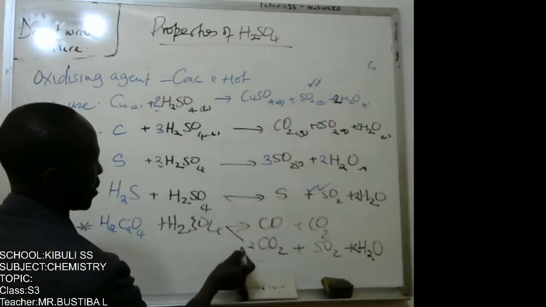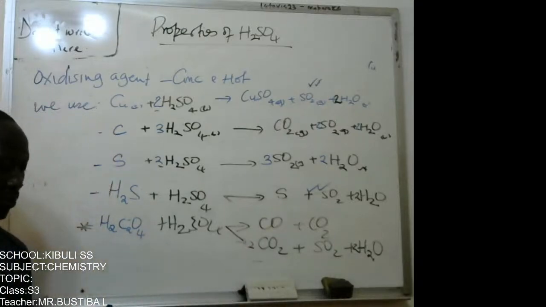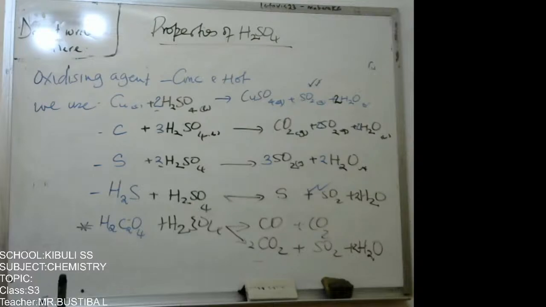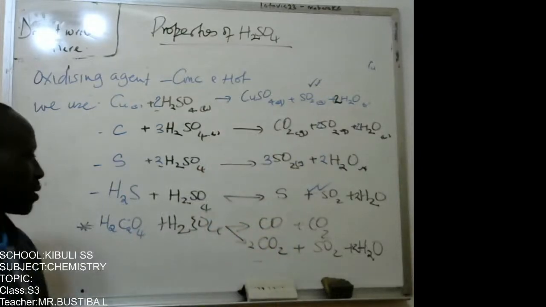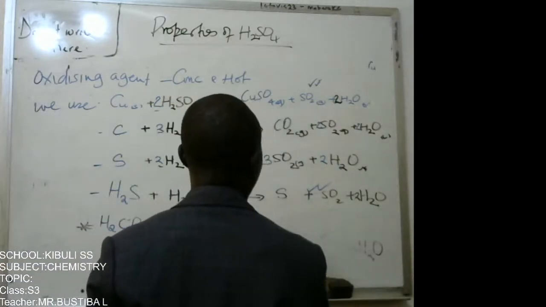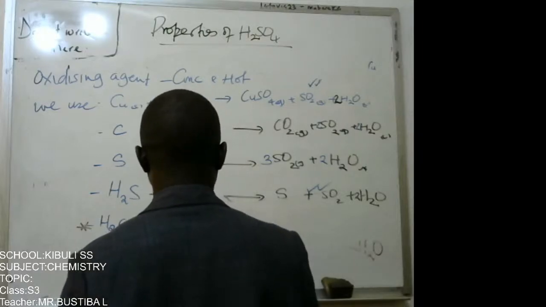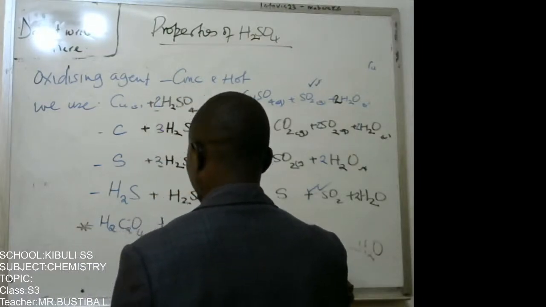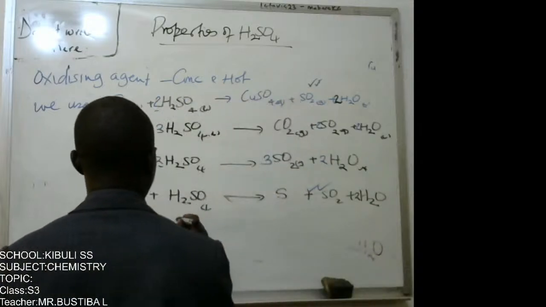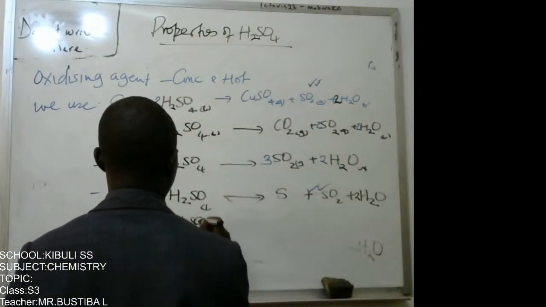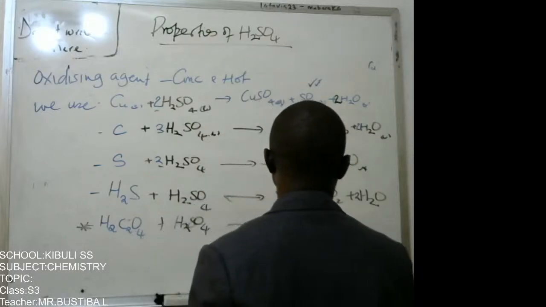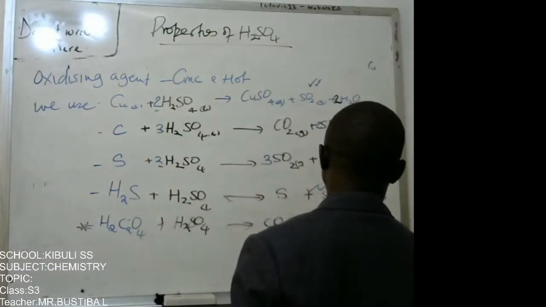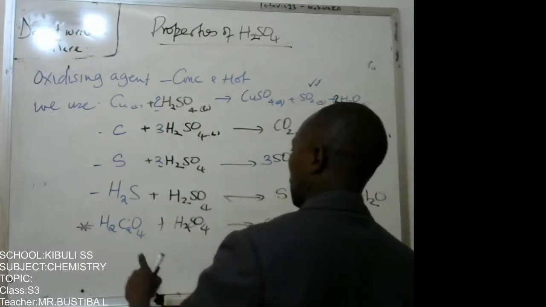So think of the product along with this line quickly and we'll continue. So carbon dioxide, sulfur dioxide, and water. So carbon monoxide is oxidized to carbon dioxide. So the cheapest equation here we are coming up with is this reaction. This is plus sulfuric acid liquid giving us carbon dioxide, sulfur dioxide, and the water.